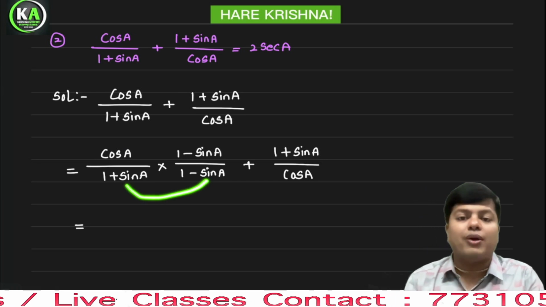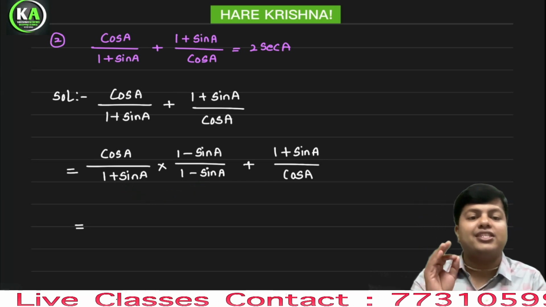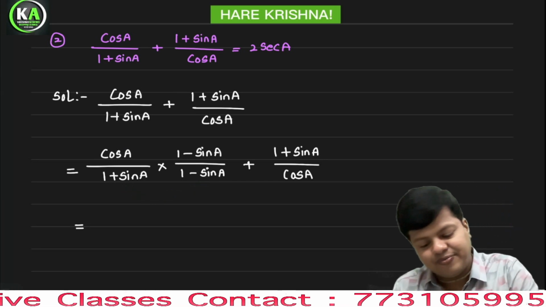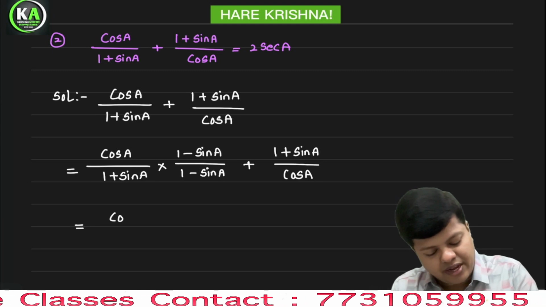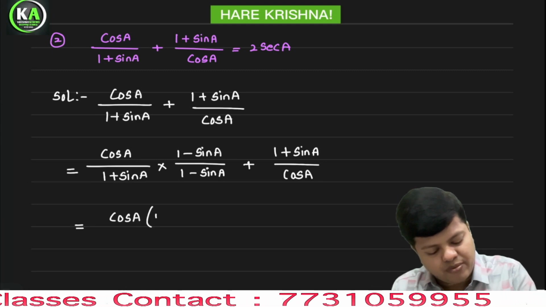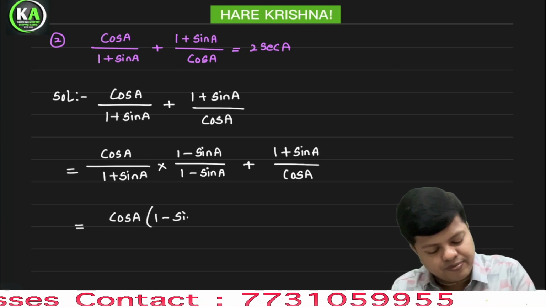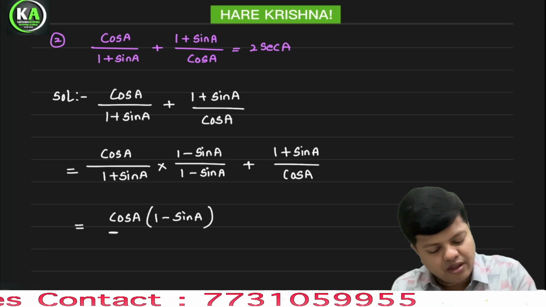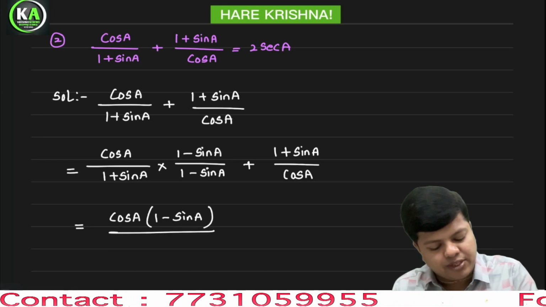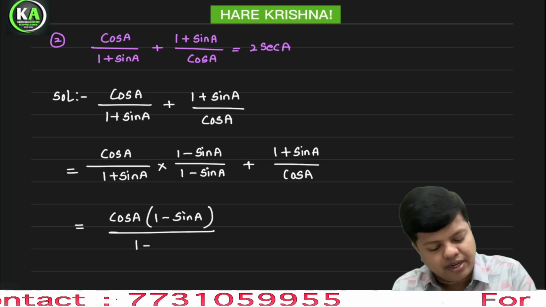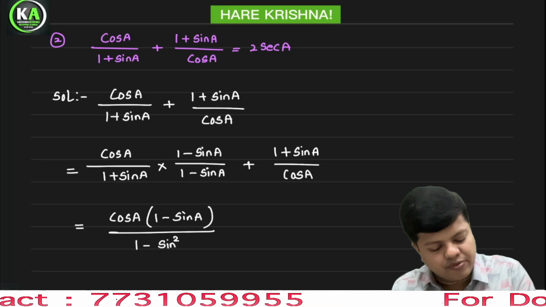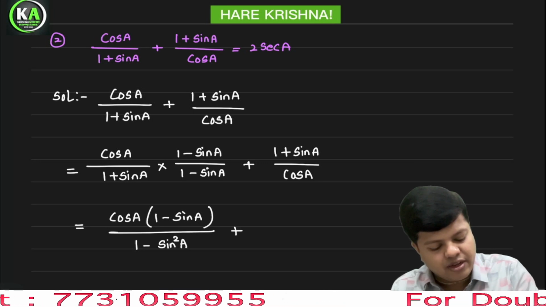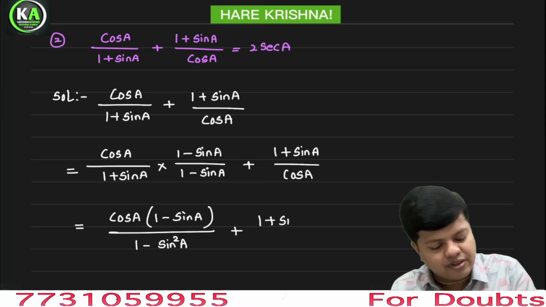Denominator 1 plus sin A into 1 minus sin A is 1 minus sin square A. By A plus B into A minus B is A square minus B square. So 1 square minus sin square A. 1 square is 1 only. Okay, na? Just see how you'll get the answer.